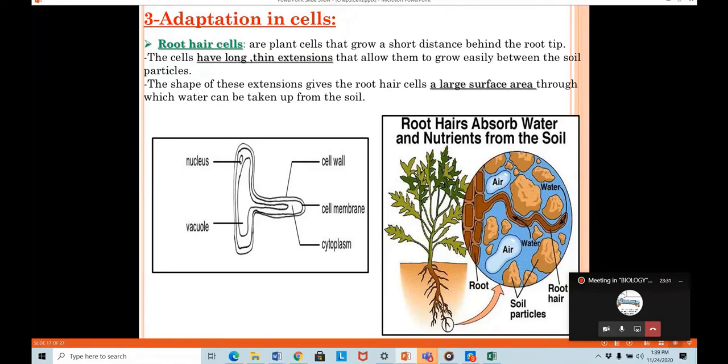That is why they are saying the large surface area, because they spread out towards a large area so that they can absorb all the water and the minerals from that large area, which can provide the plant with nutrition. So this is how the root hair cell looks like, the microscopic structure. You can see this is the root, and these are the soil particles into which the root has penetrated, and this is the root hair cell. This is how it absorbs the water and the nutrients from the soil.